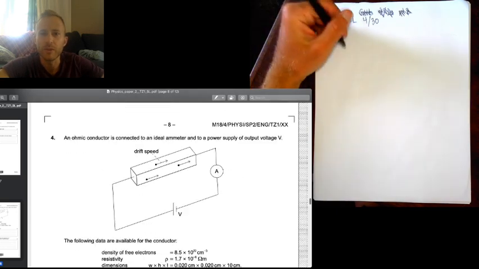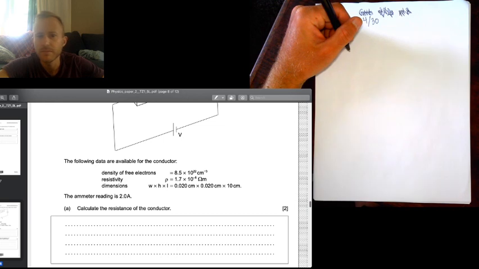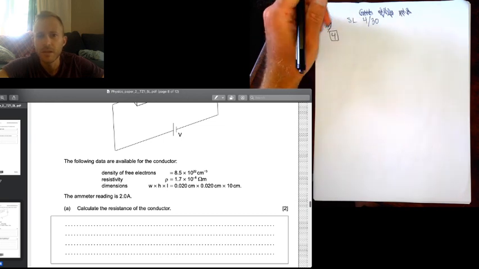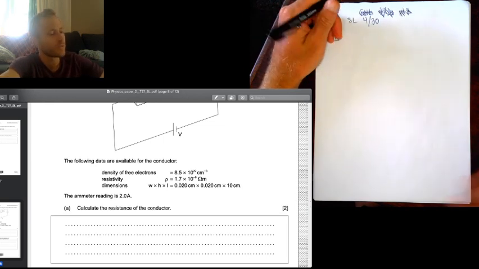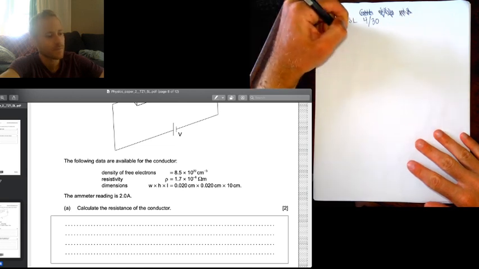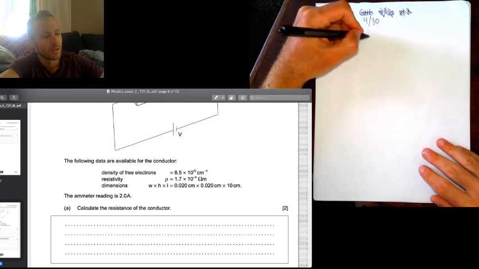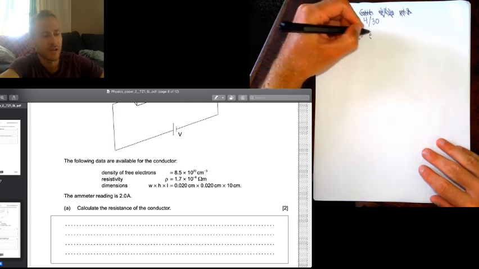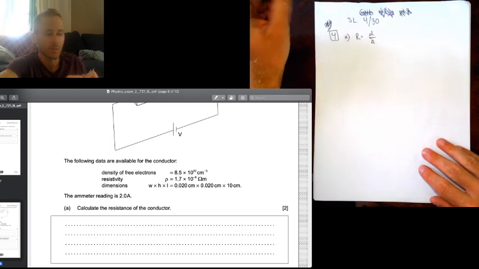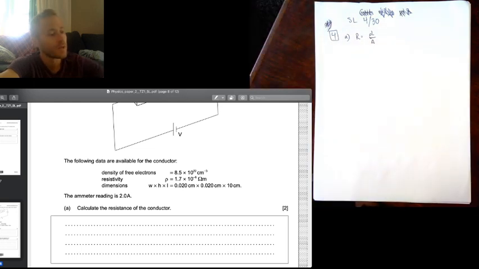The resistance of the conductor, we learned an equation for resistance. It was rho L over A, where rho is the resistivity.